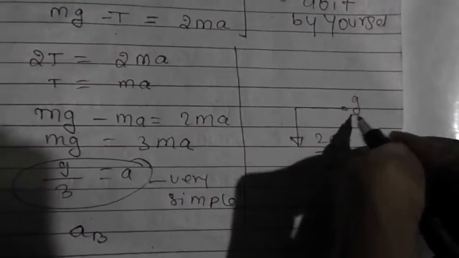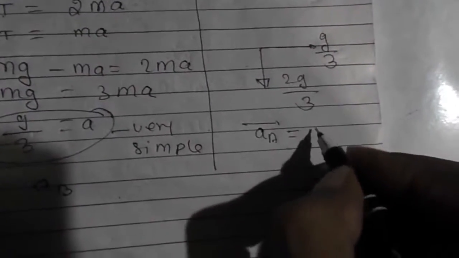So I found what the acceleration of A should be. This is the acceleration of A, and the acceleration of B would be in two directions. In the vertical direction, this is 2g by 3, and in this direction, this will be g by 3.